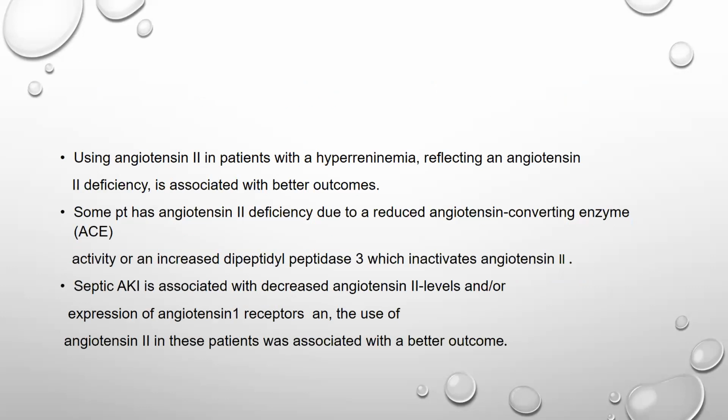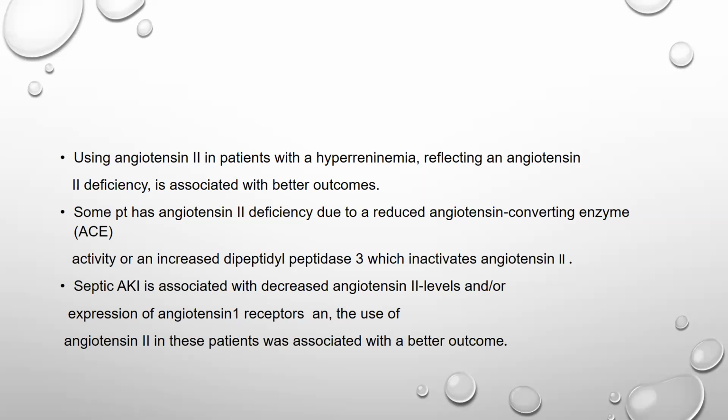Using angiotensin II in patients with hyperreninemia, reflecting an angiotensin II deficiency, is associated with a better outcome. Some patients with shock have angiotensin II deficiency due to reduced ACE activity or an increased dipeptidyl peptidase 3, which inactivates angiotensin II.